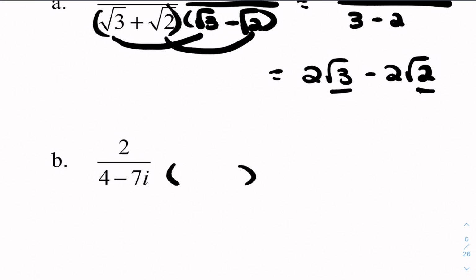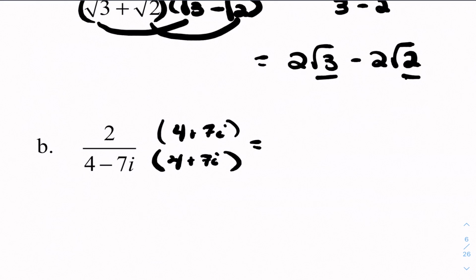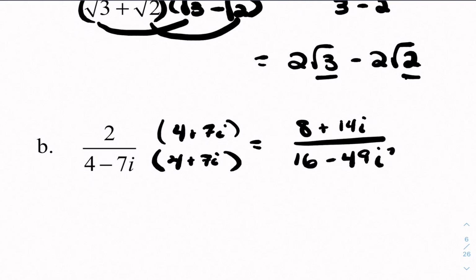Likewise, if we're dealing with imaginary numbers, also something that is not rational, we do the same thing. So we take the conjugate, 4 plus 7i, and we distribute on both the numerator and the denominator. So we have 8 plus 14i on top, and on the bottom we have 4 times 4 is 16. Negative 7 times 7 is negative 49i squared.